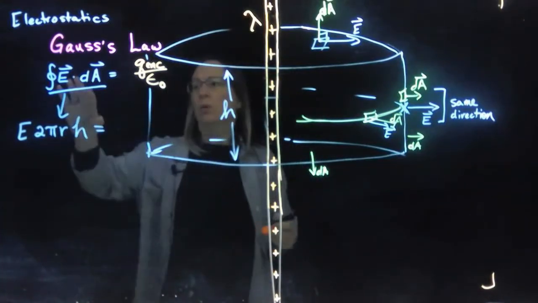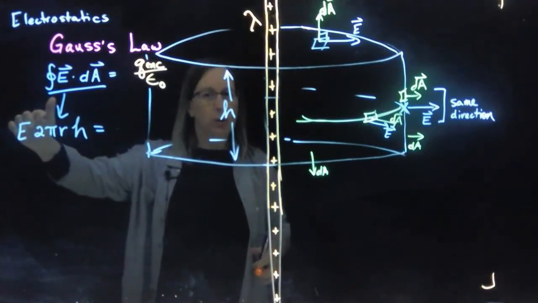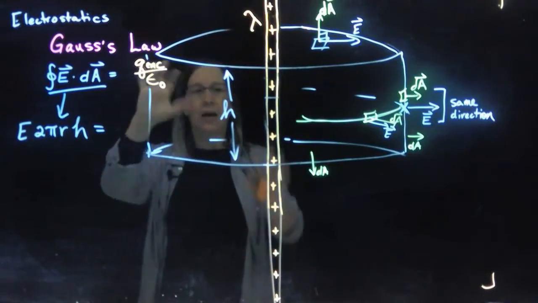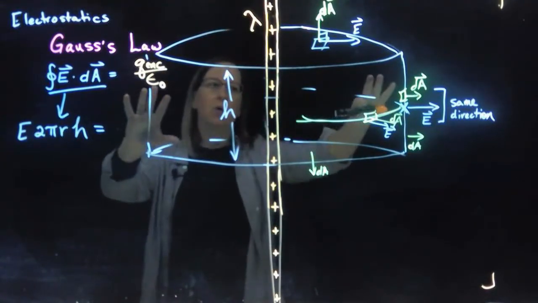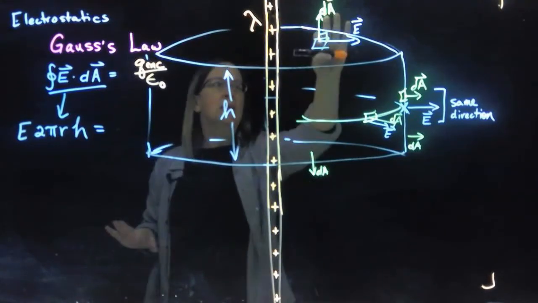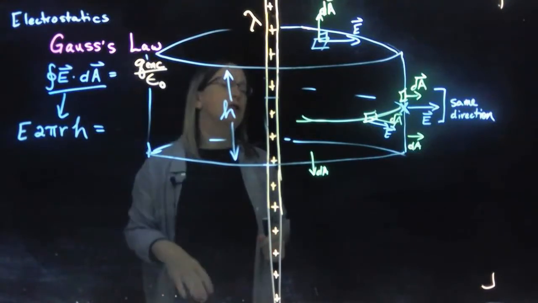Okay, so we've done the hard part of Gauss's law. We found out what this integral is. We really only had to find the integral of dA, which was A, the area of just this side part. We didn't have to do the top and bottom because E dot dA was 0. Now we just need to find out how much charge is enclosed.